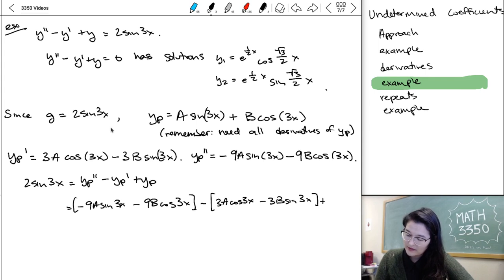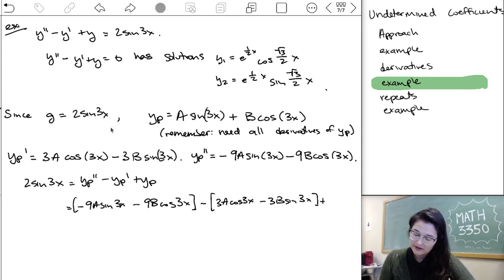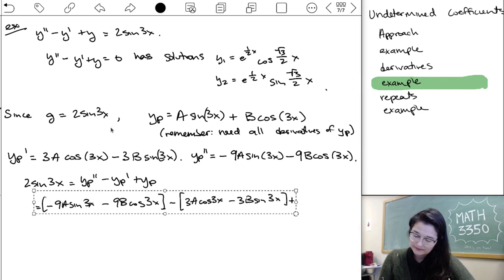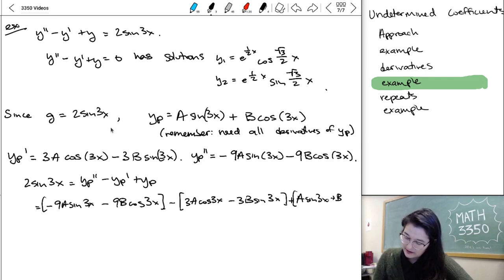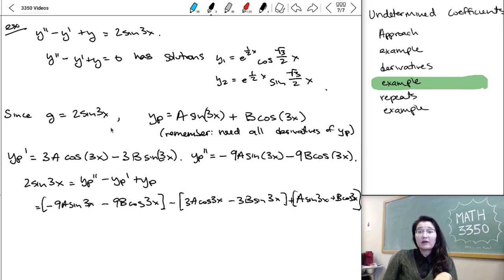And then my plus yp, which was not given enough room to exist, is going to be plus a sine 3x plus b cosine 3x. So that's just plugging in yp to the derivatives: yp double prime, yp prime, yp itself.